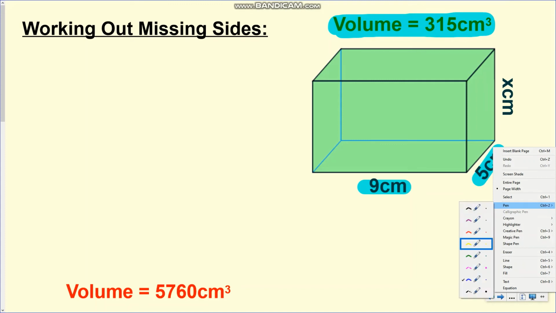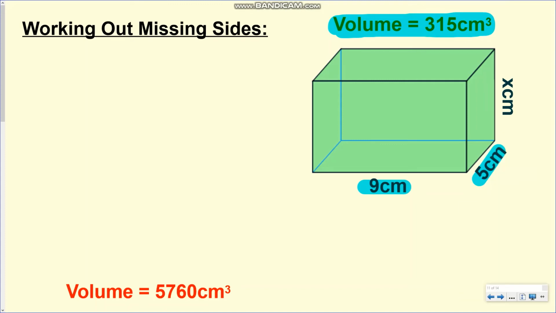Okay, so what we need to do in order to solve this, first of all, I'm going to write down volume equals length times breadth times height. Secondly, I'm going to put in the information that I know. So V for volume, I already know the volume.